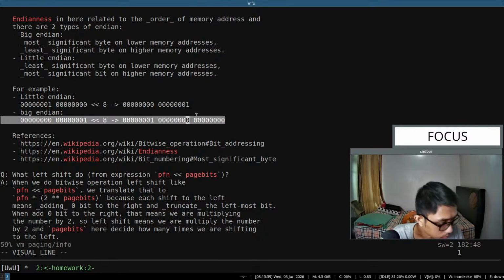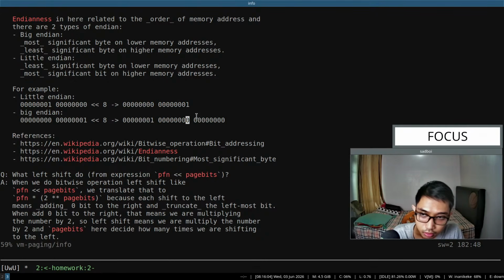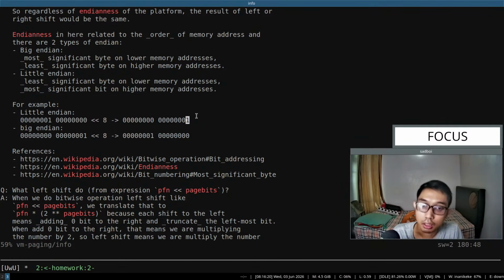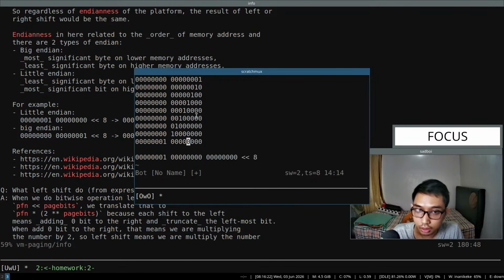But is the big endian here correct? Or maybe this is also 2 bytes here. Oh, okay. Alright, oh, interesting.